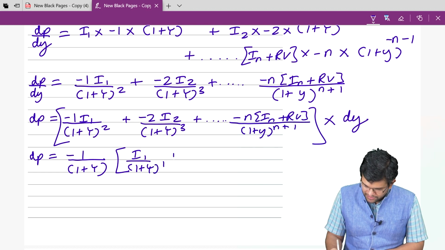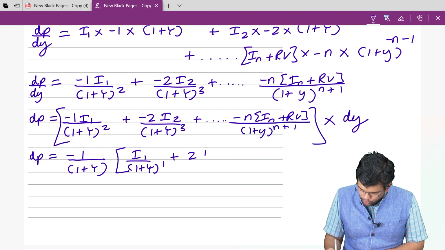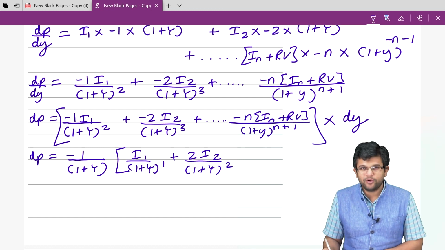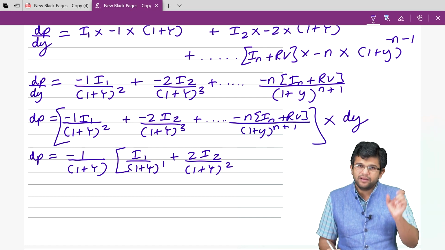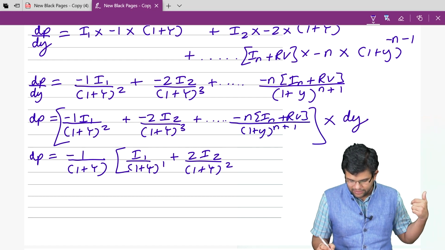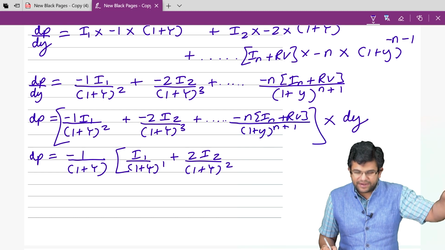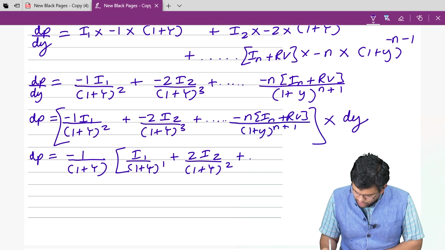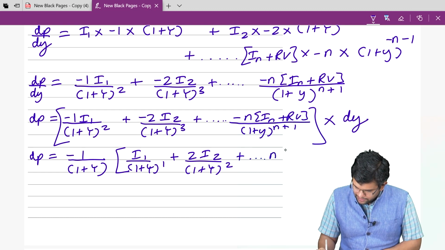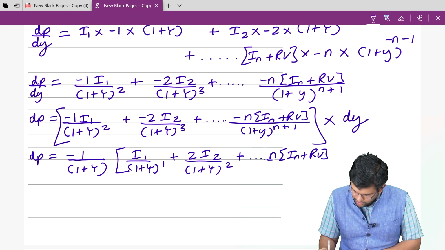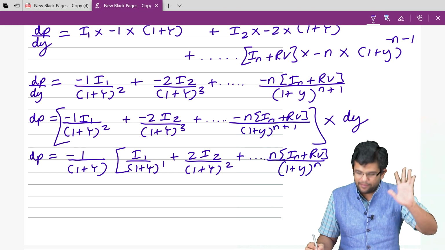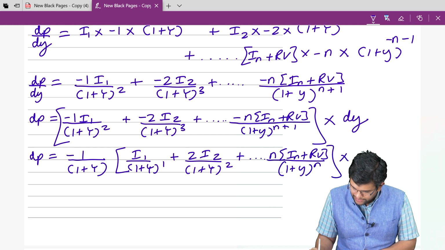Everybody clear? Plus 2I2 upon 1 plus y raised to 2. I hope you are understanding maths. From the denominator 1 plus y raised to 1 is taken common, and the numerator minus 1 is taken outside, plus n bracket I n plus rv the whole divided by 1 plus y, now raised to n only, not n plus 1, the whole into dy.